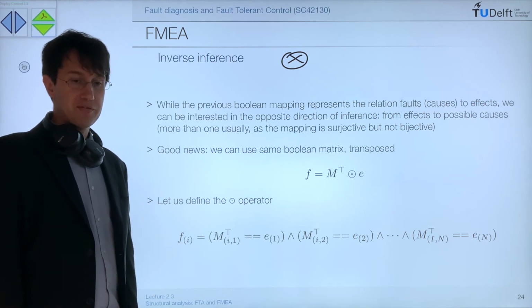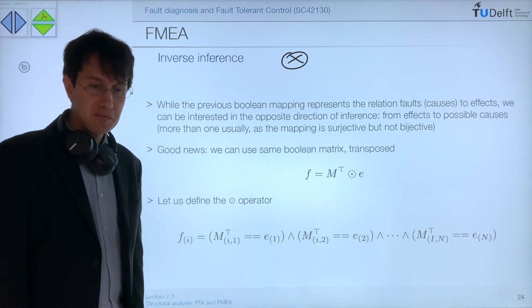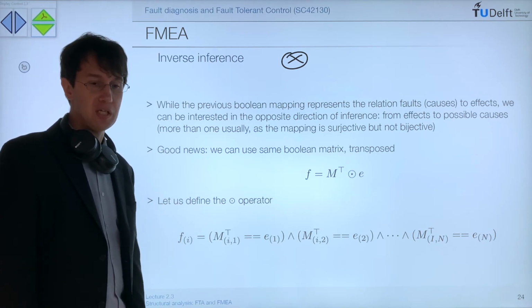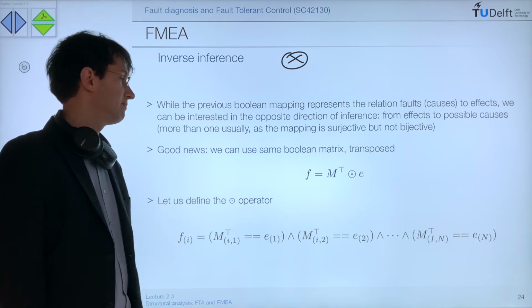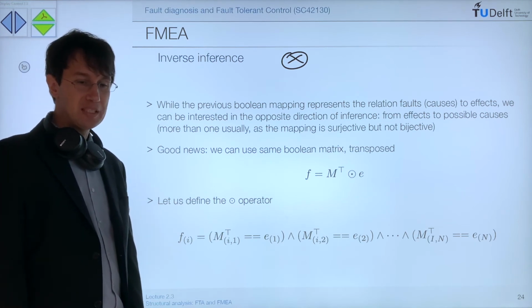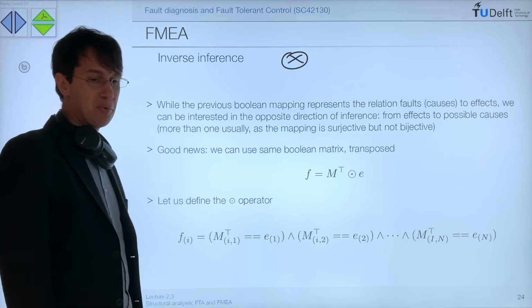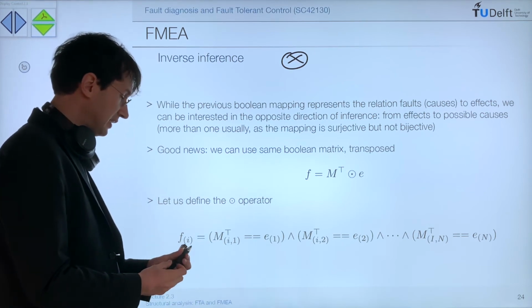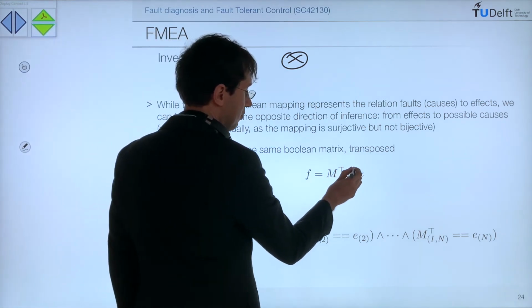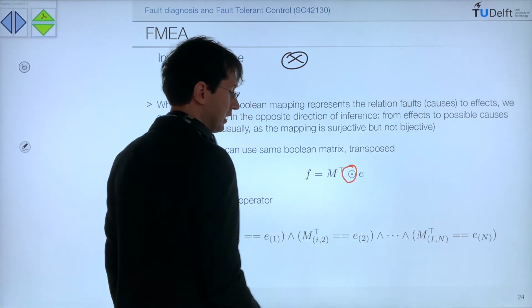So if we have a set of symptoms or effects, we want to go back and track them to root causes, to faults. So we can do that actually using another Boolean operator that is this other kind of product that we denote like this.